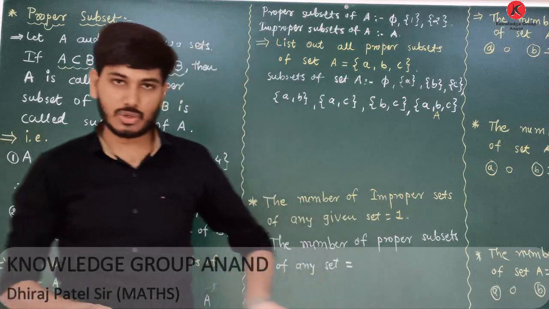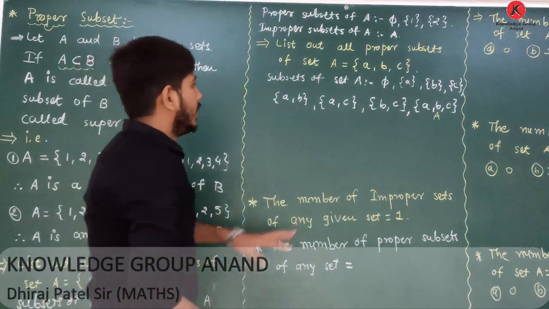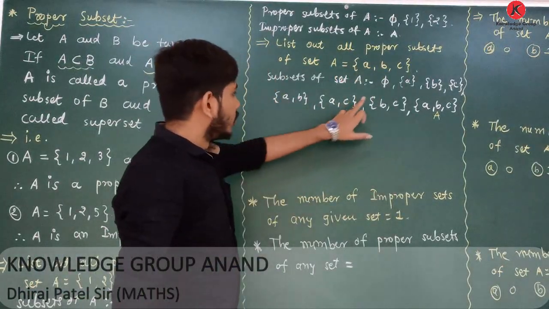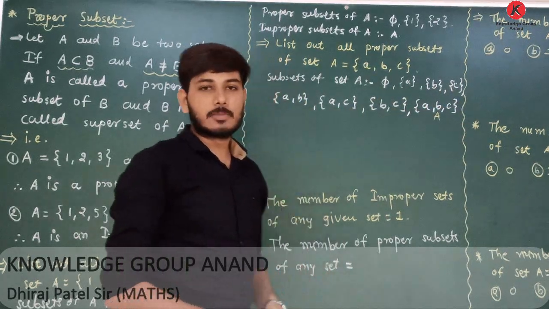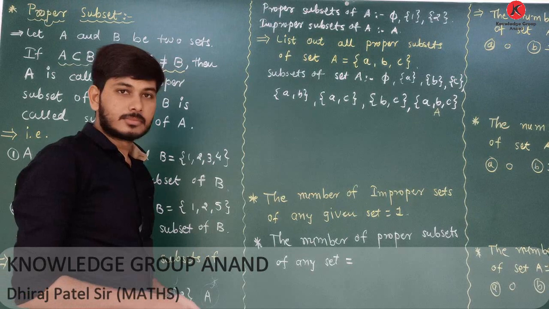You can write it like this also. Now see here, total 1, 2, 3, 4, 5, 6, 7 and 8 subsets are there.